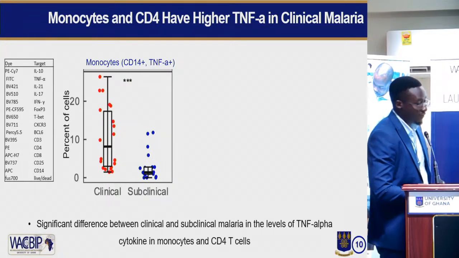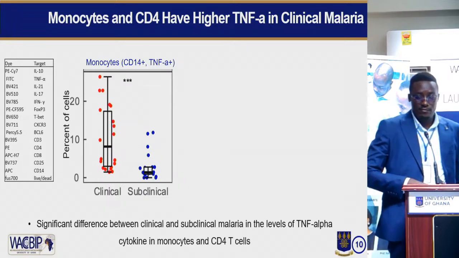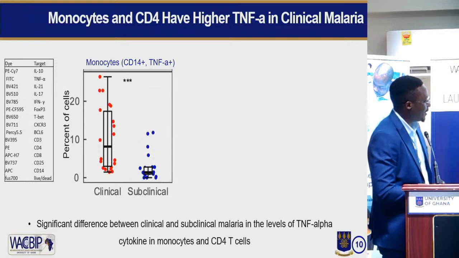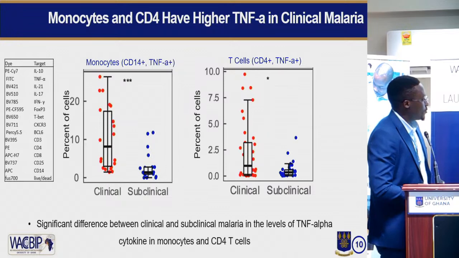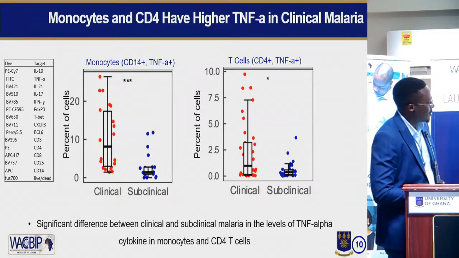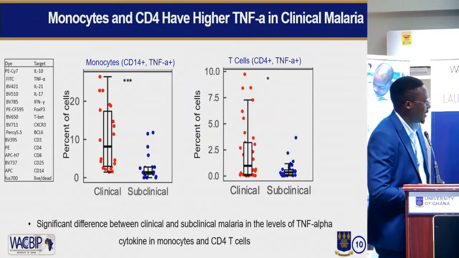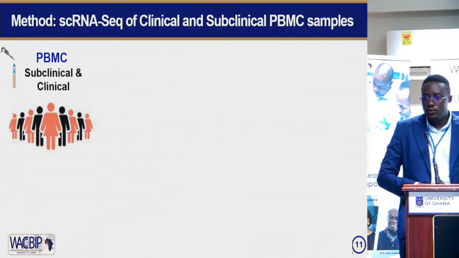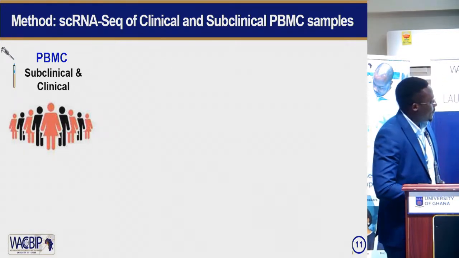TNF-alpha has been shown for a long time in malaria studies to be significantly higher in children with severe malaria infections. We also had a similar finding for CD4 T cells, having relatively higher TNF-alpha levels.